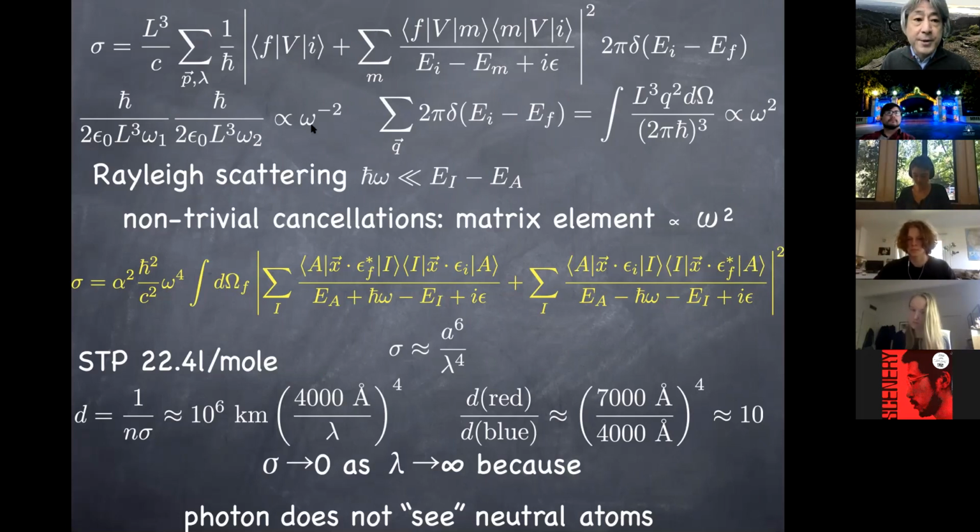On the other hand, I'm supposed to sum over all possible final states. And the sum over the final states is done by this phase space integral in units of (2πħ)^3. And the phase space integral, of course, has q squared dq. But dq is an integral over the momentum of the photon, which is related to the energy of the photon, which is fixed by the delta function.